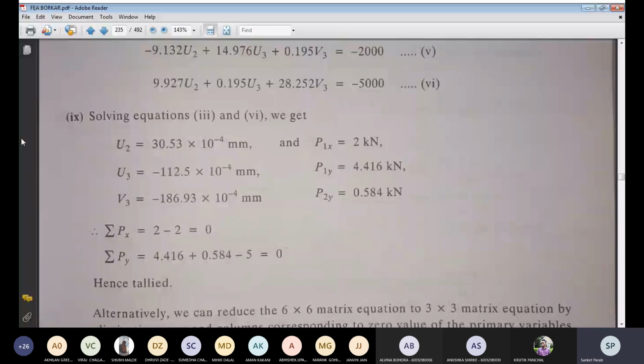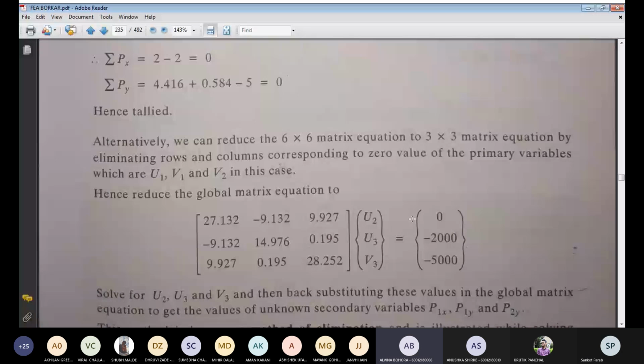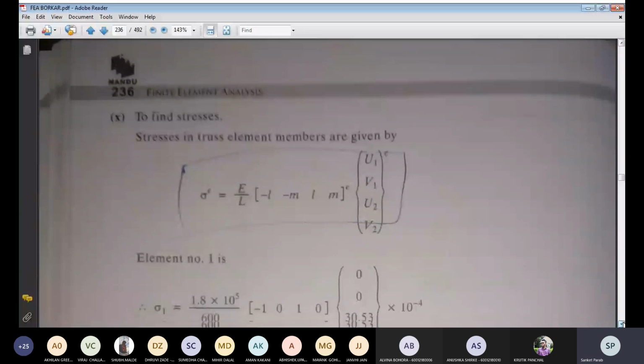These values you have found out. Yes, sir. Finding the stresses, sir. Okay. I know this sum is taking time, but do not miss any step.